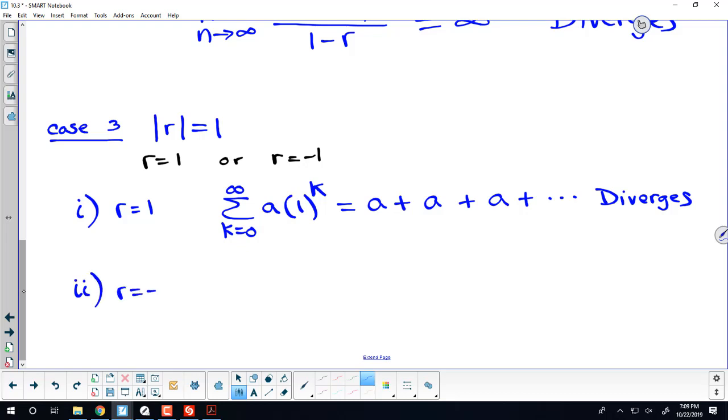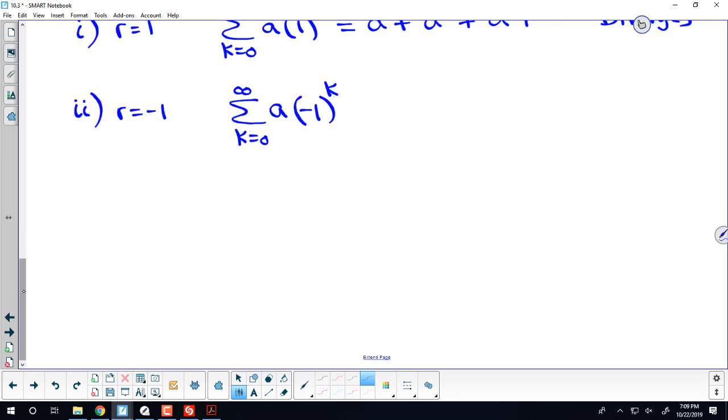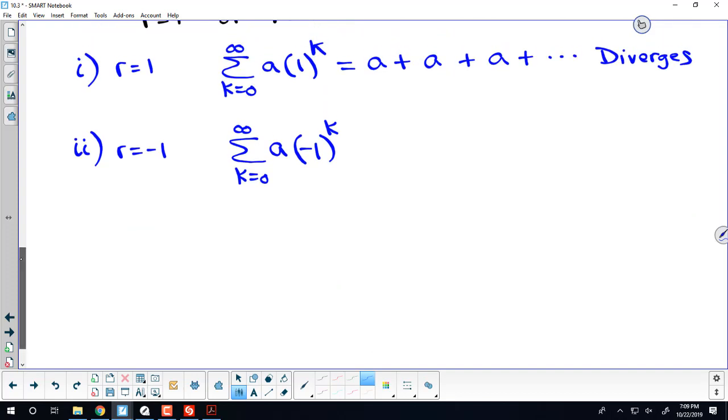If R is -1, our sum from K equals 0 to infinity of A times -1 to the K. So what would the terms of that series look like? A minus A plus A minus A. Would that converge or diverge?